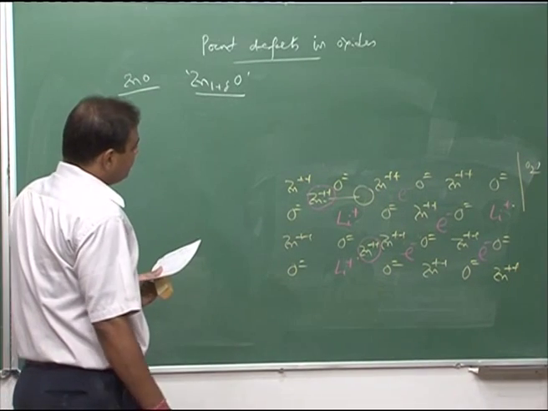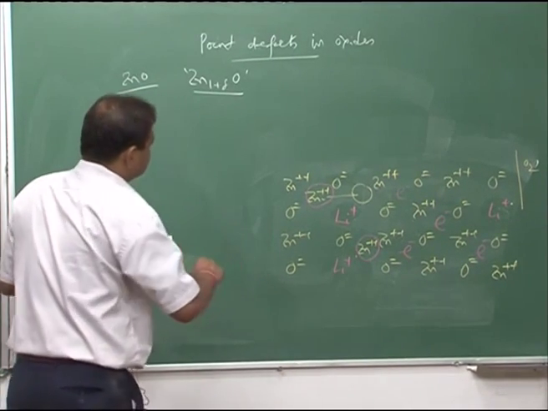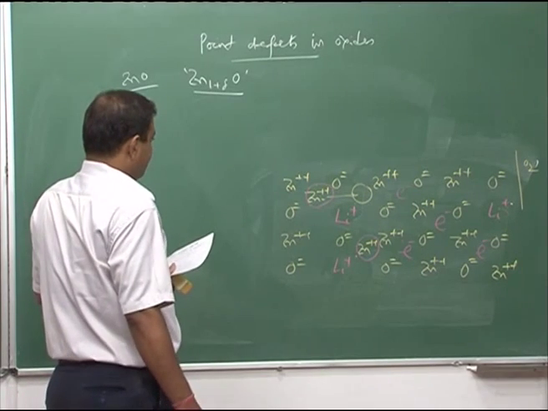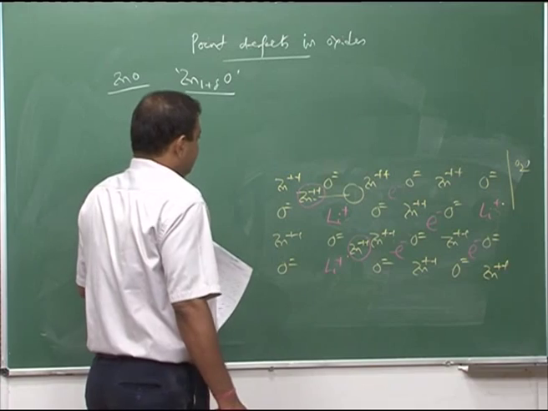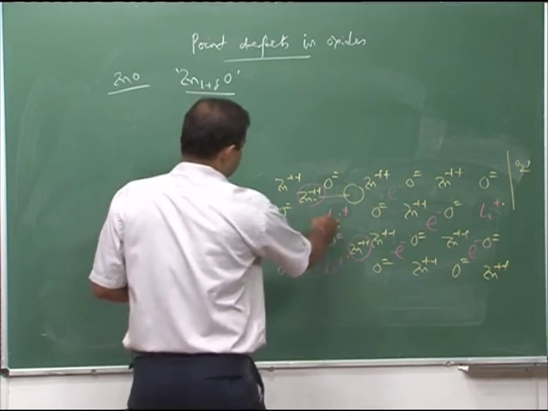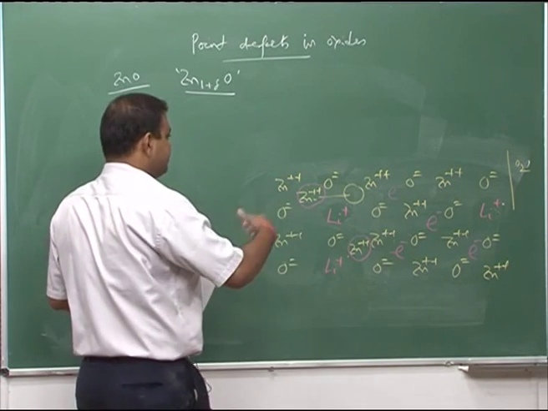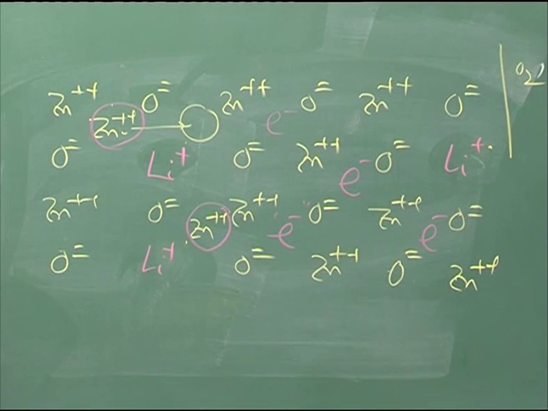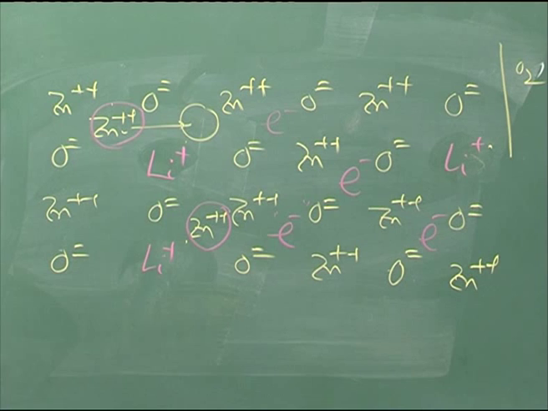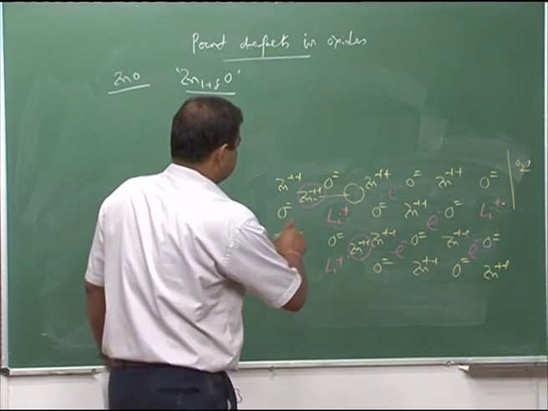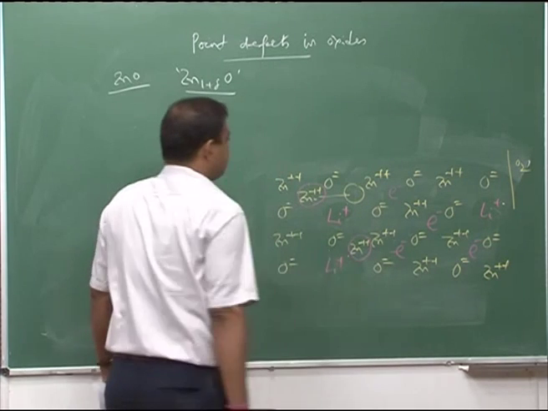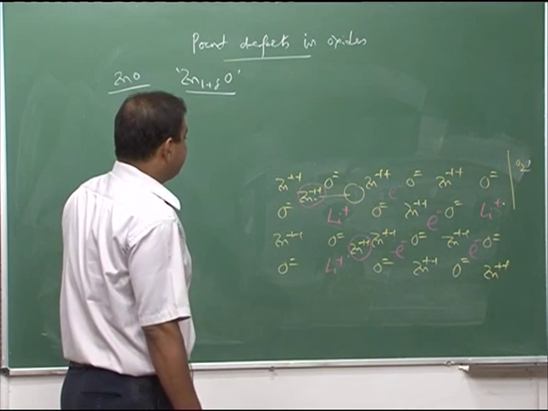In that case, what would be the nature of this structure? If 3 lithium cations replace 3 zinc cations, there would be 3 excess negative charges.